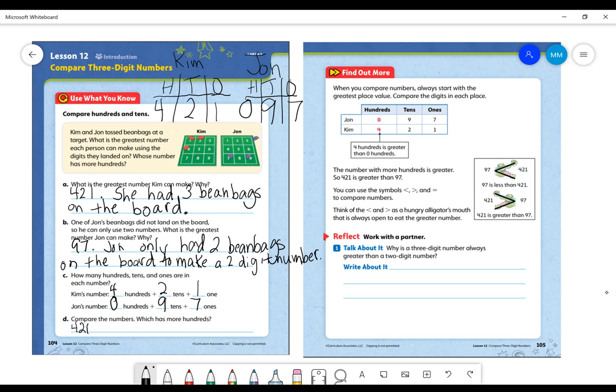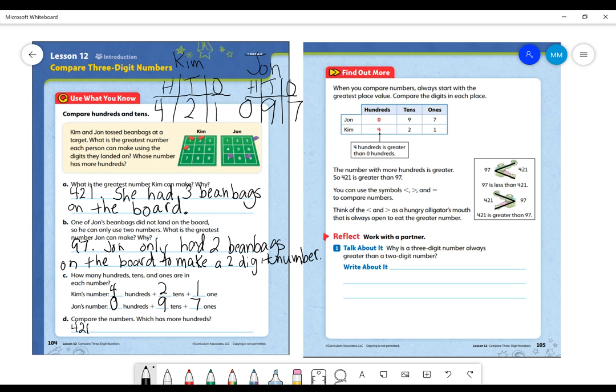Okay, it says when you compare numbers, always start with the greatest place value. Compare the digits in each place. So when we are comparing numbers, we want to start with comparing the hundreds. Just like what I was saying earlier, if we were going to have 97 Skittles and 421 Skittles, we would start by looking at the hundreds place.